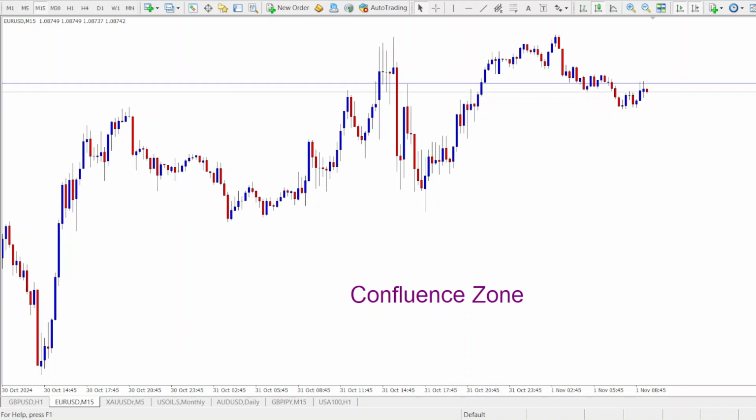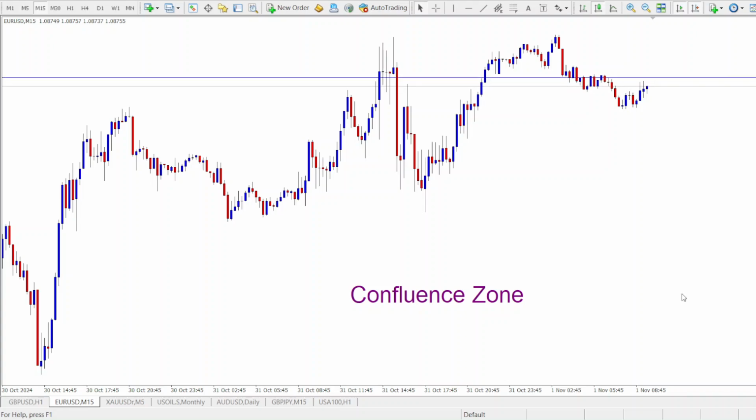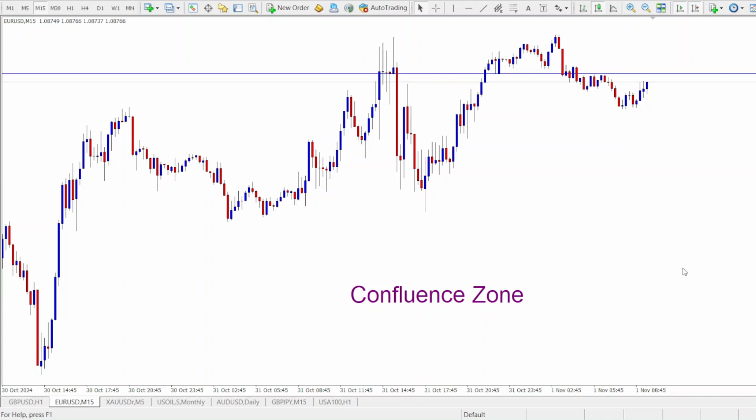So let's talk about what creates a confluence zone. You'll typically find these zones when various technical elements align in a particular area. Let's look at a few key components that you can use to identify a confluence zone. Please note that you can use a variety of indicators. Confluence is not limited to a particular set of tools.